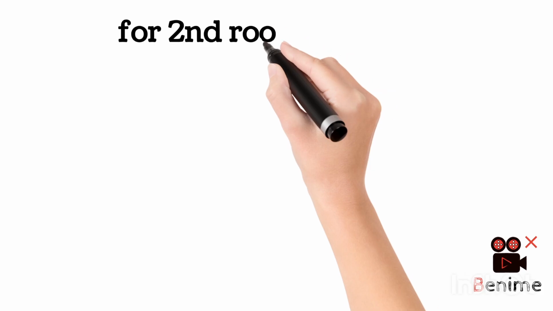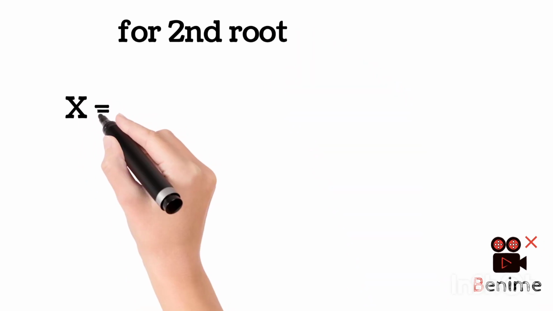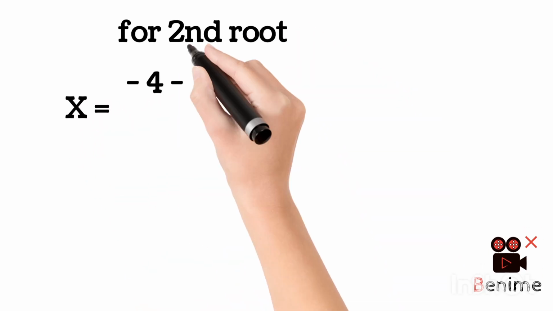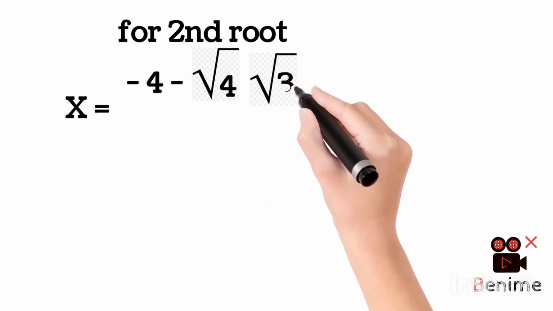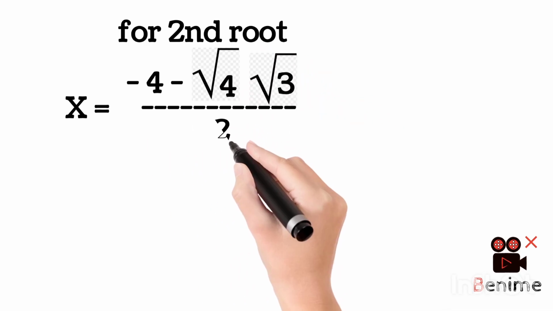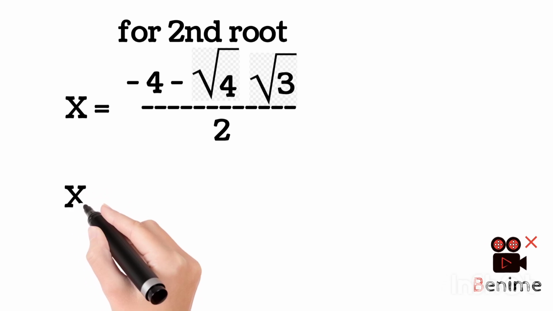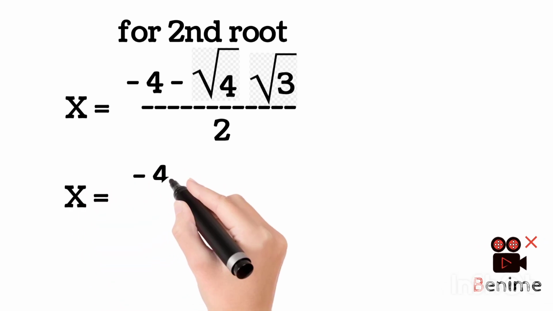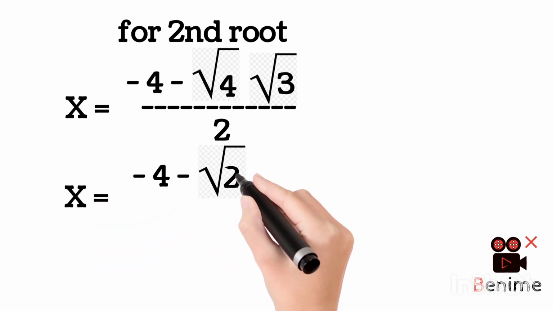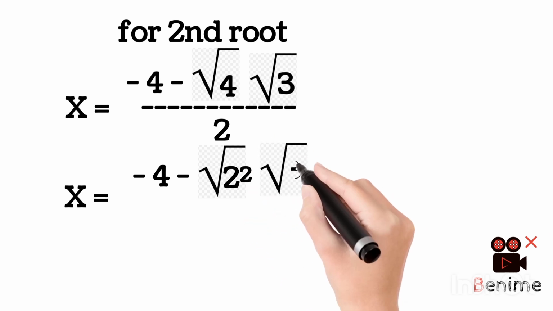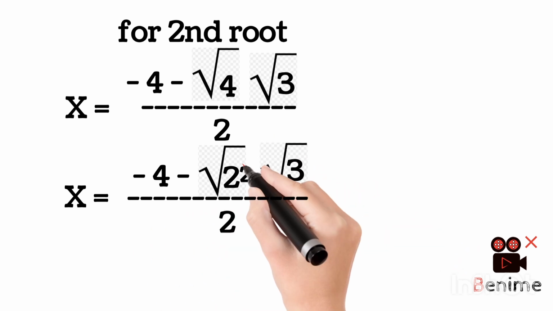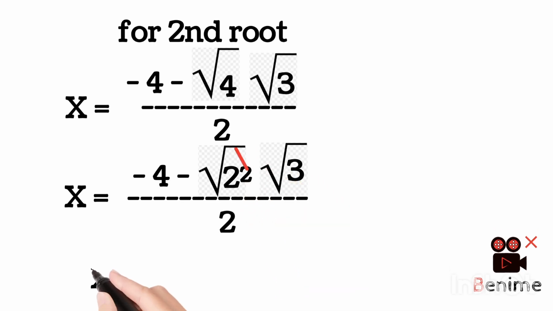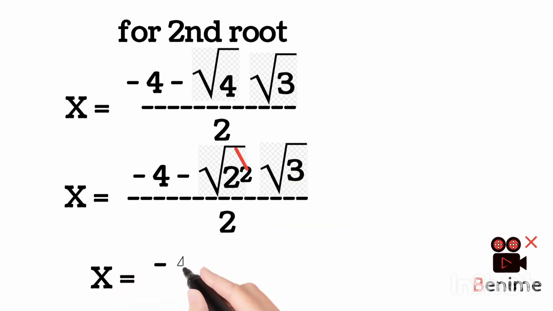Now for the second root we solve the equation x = (-4 - 2√4 √3) / 2. Doing the same steps, we write 4 as 2² under the root sign, which cancels out with the root sign, and we are left with (-4 - 2√3) / 2.